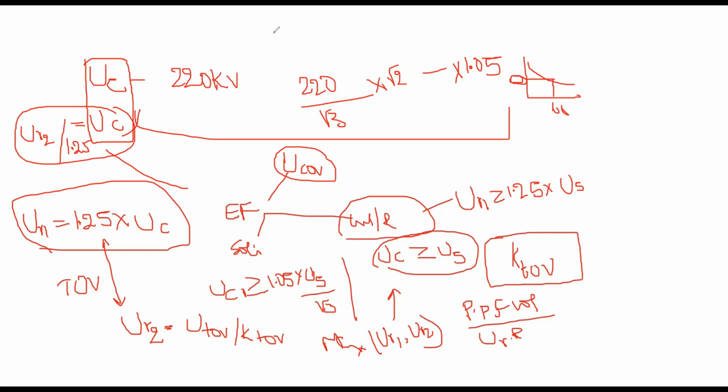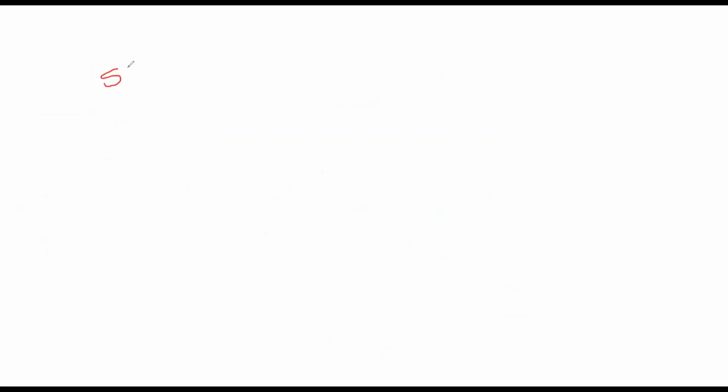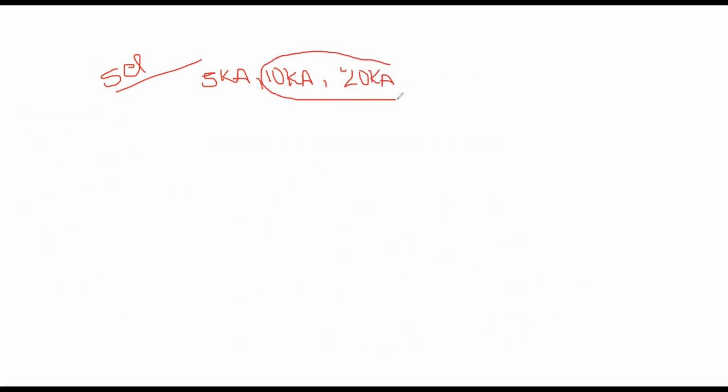And the next one is selection of discharge current. In an arrestor, generally we have discharge currents of 5 kiloamps, 10 kiloamps, 20 kiloamps in the market. Mostly it is recommended to have 10 kiloamps and 20 kiloamps, because it totally depends upon the size of the MO block, as we discussed before, the metal oxide diameter.